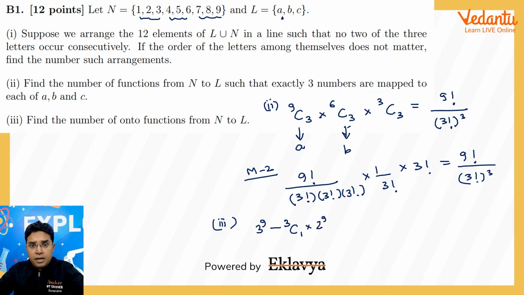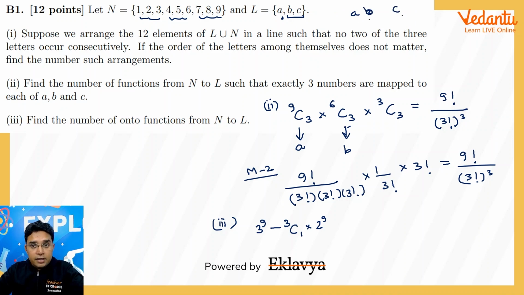But in this case, when we are leaving A, we are not connecting any element of N with A, and we are connecting all elements with B and C. There are chances that B may remain empty or C also may remain empty, because we are doing 2 power 9 without thinking about whether every element is going to B itself or going to C itself. So here there will be cases we have actually counted in which A and B are not connected to anyone, and C is connected to all the elements.